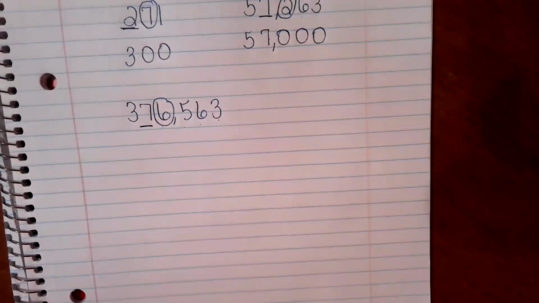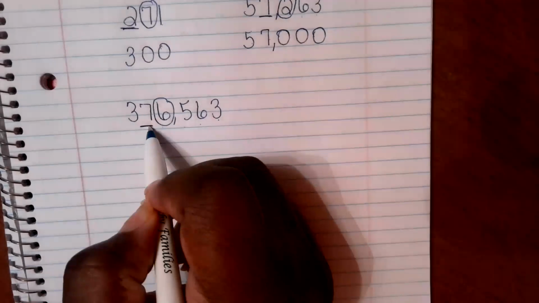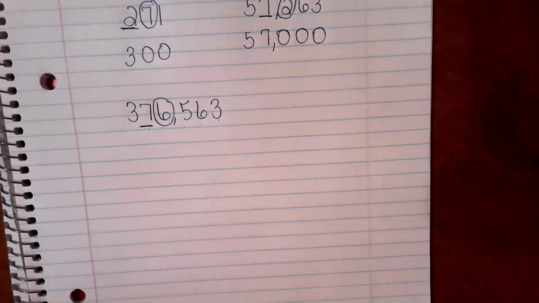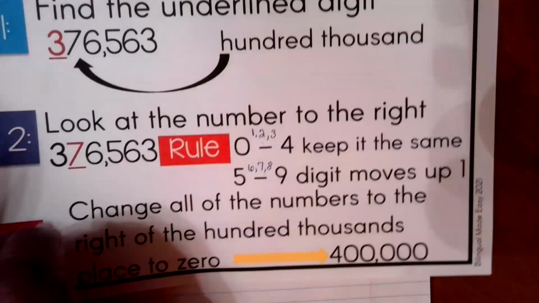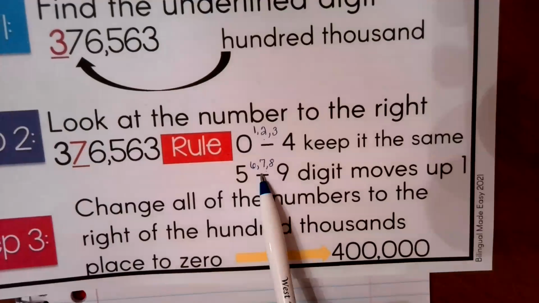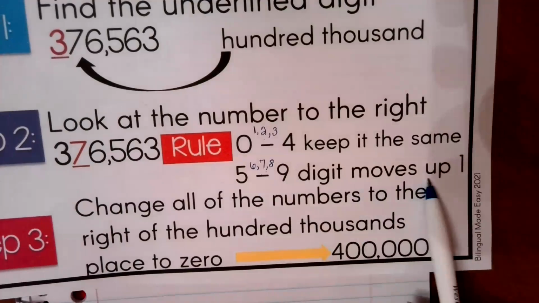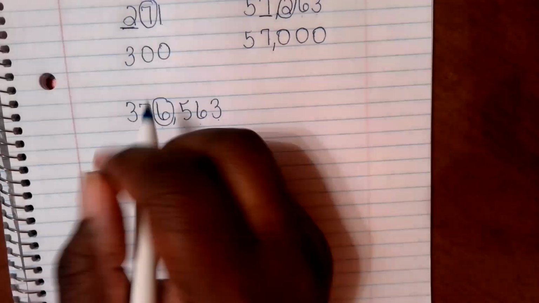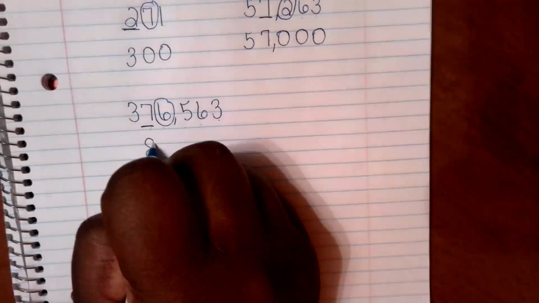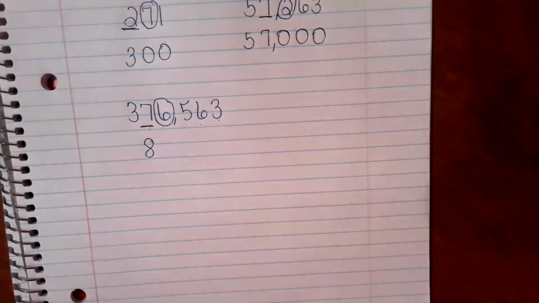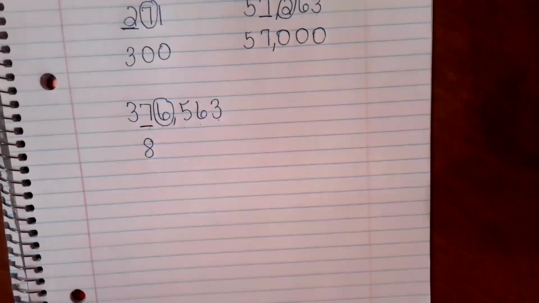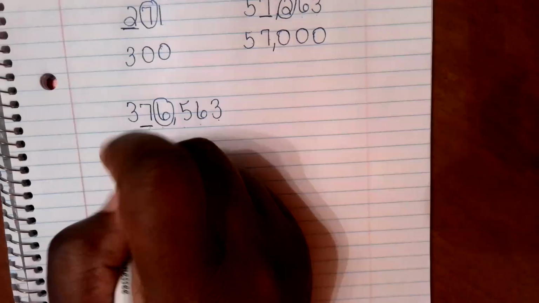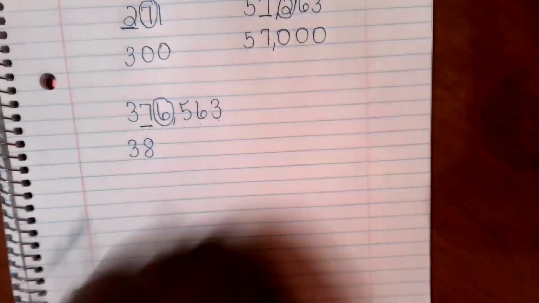Now the number that I circled is going to tell my underlined number what to do. So I'm going to pull back my anchor chart and I'm going to find the number 7. And 7 tells my underlined number to do what? Yes, move up 1. So that 7 is going to move up 1 and it's going to become 8. Now, any number to the left of my underlined number is going to stay the same. So that 3 is going to stay the same.